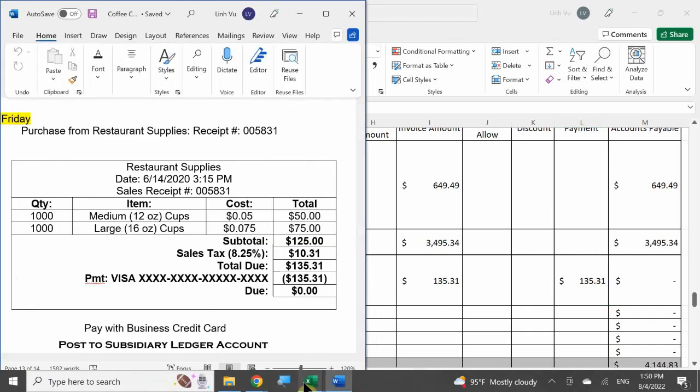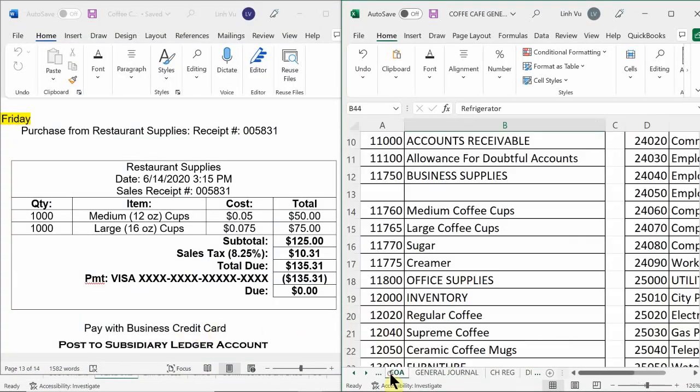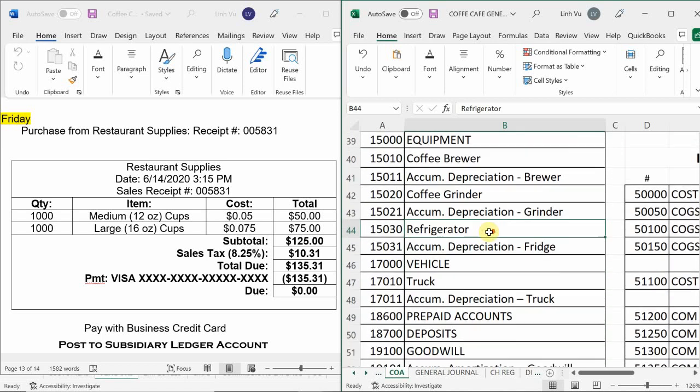Now, what happens when I do actually sell my coffee? Let's take a look at my chart of accounts before we move on, okay? Since I will be selling my coffee by the cup for my in-store customers, if I'm having them as business supplies, how do I keep track of how many cups I have left on hand, or how many I sold? Well, let's take a look at my chart of accounts.